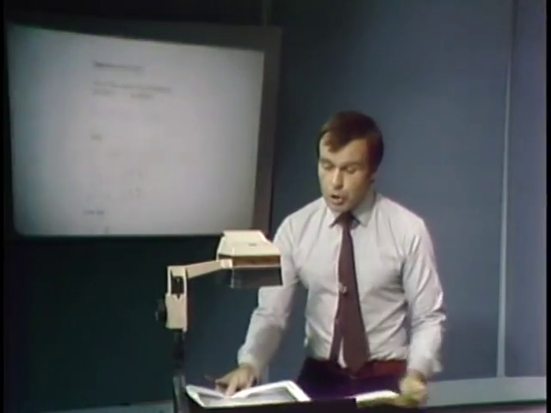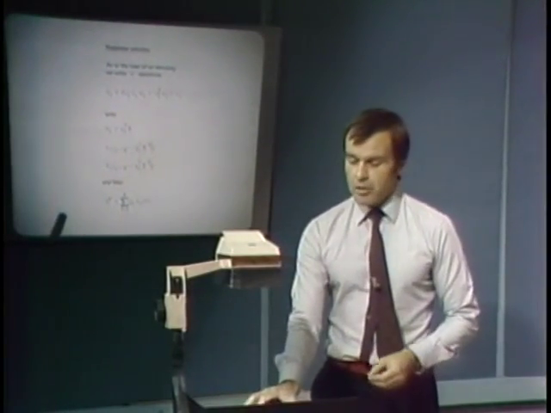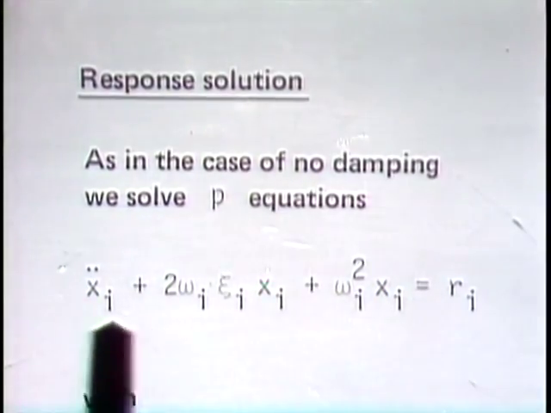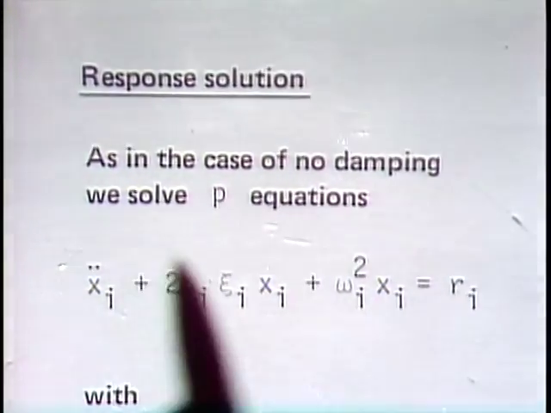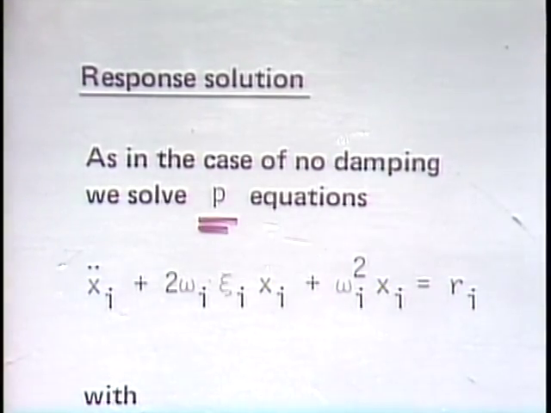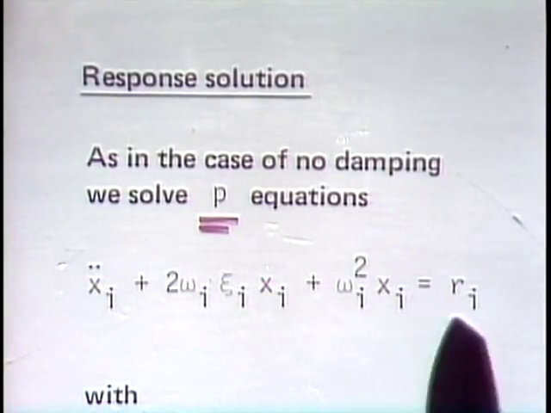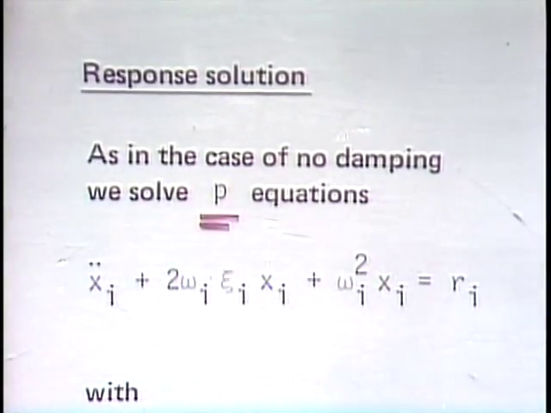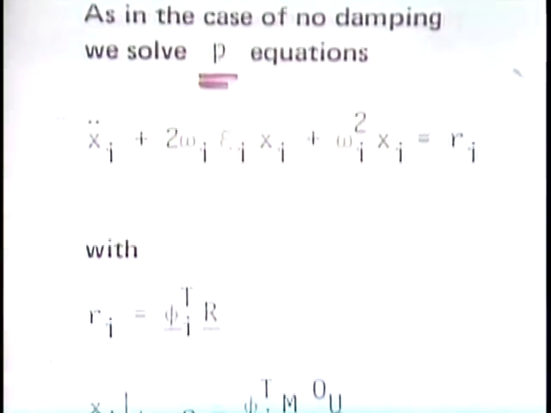Well, the response solution now would be performed in exactly the same way as before, as in the case of no damping. We solve now again p equations only, and we are doing that by looking at this equation, with, of course, Ri being given as shown here, and the initial conditions being given here.